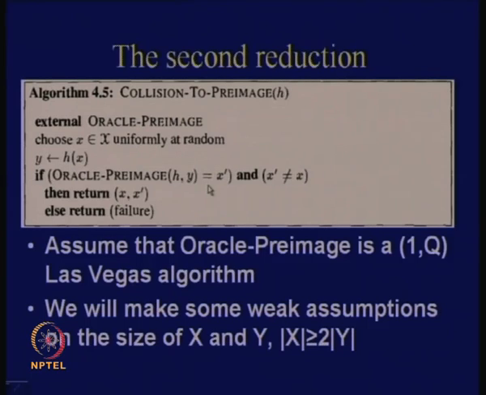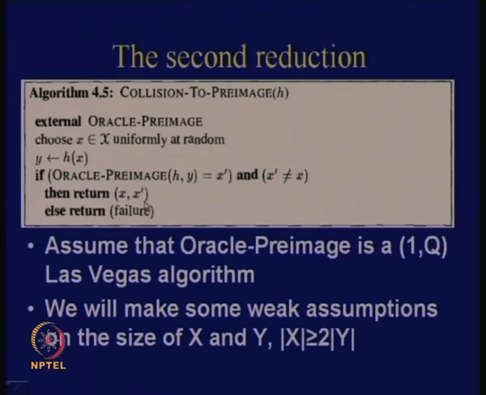One thing you now have to check is whether x and x dash are the same or not, because this just gives you the preimage. If they are not the same, then you can return x comma x dash, because both of them have the same hash value and they are also not equal. So this is a solution to your collision problem as well.